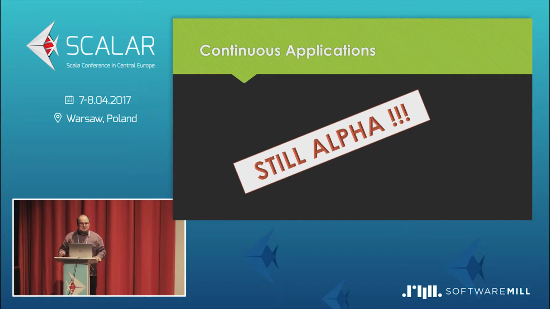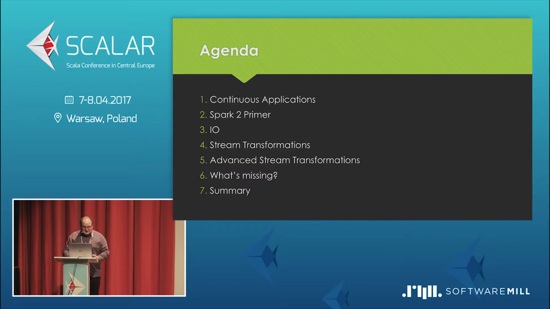So what you want to do is keep tabs on continuous applications, and that's what I'm here for. The agenda is like this. I'll talk a little bit about continuous applications, what they are and why you would want to write them. Then a few words about some Spark 2 stuff, in case you don't know it. By the way, who's used Spark 2 here? Oh, actually quite a lot of people.